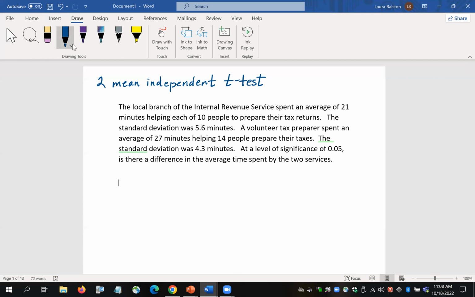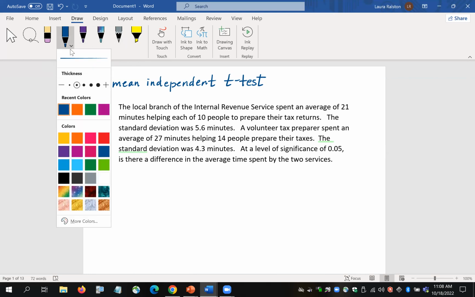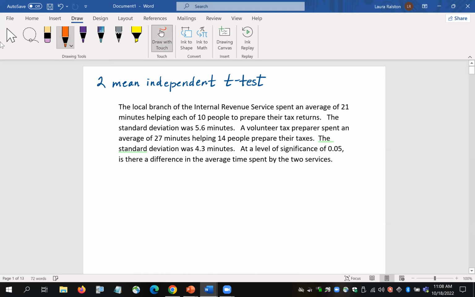Okay, so one thing that I noticed, to help me recognize this, other than the fact that Miss Ralston told you that, is that in this description, we are collecting information about the time spent preparing a tax return, which is in a sense our variable.